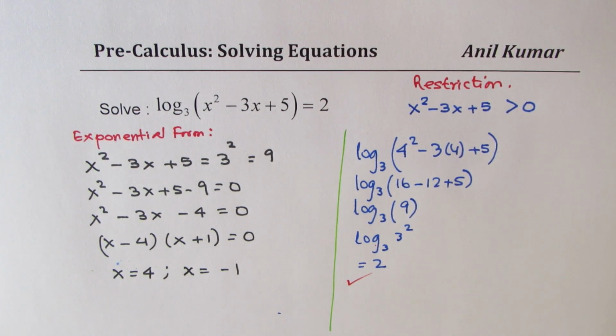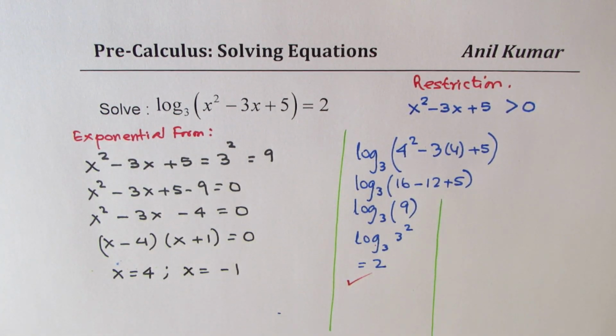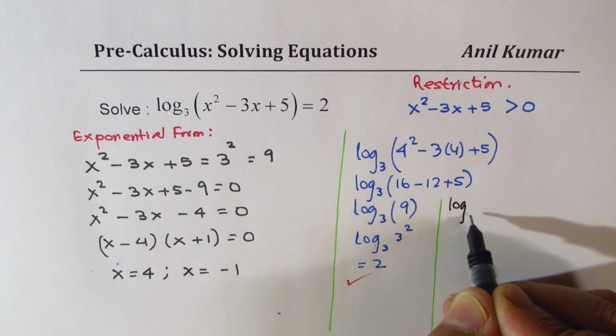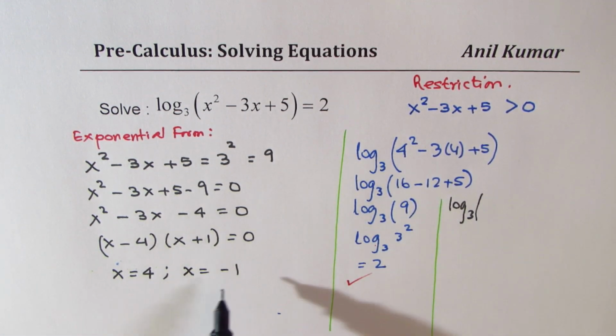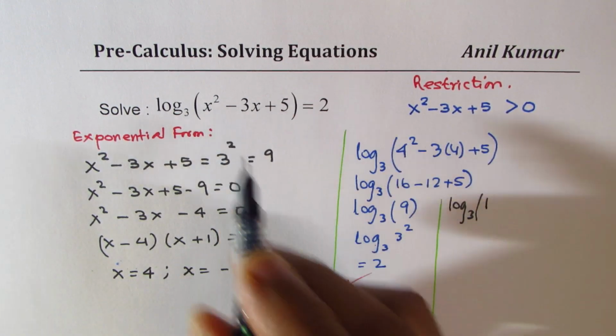Right? Now let's use minus 1 and then again check. Let me make some room here for the other check. So we get log to the base 3. We are using minus 1 now. So minus 1 squared is 1. Minus 1 makes it positive.